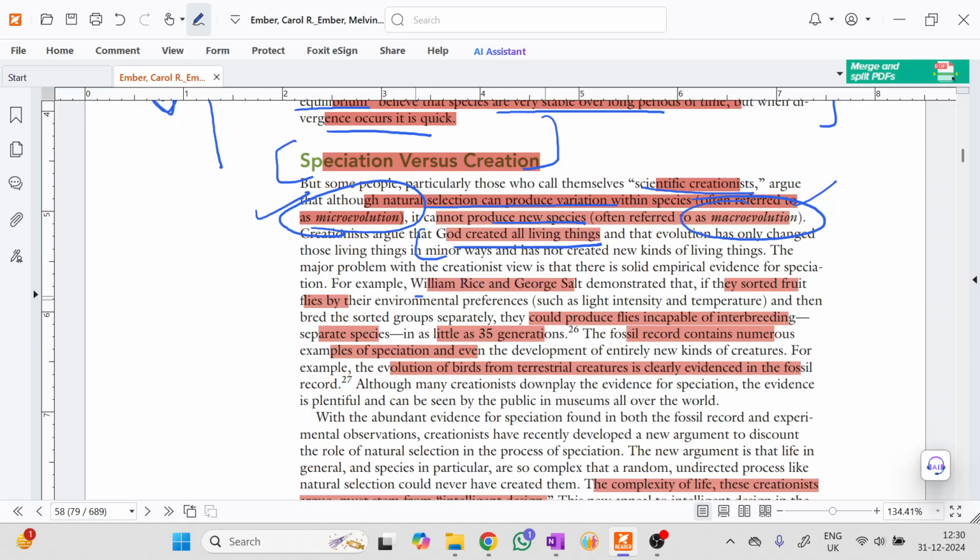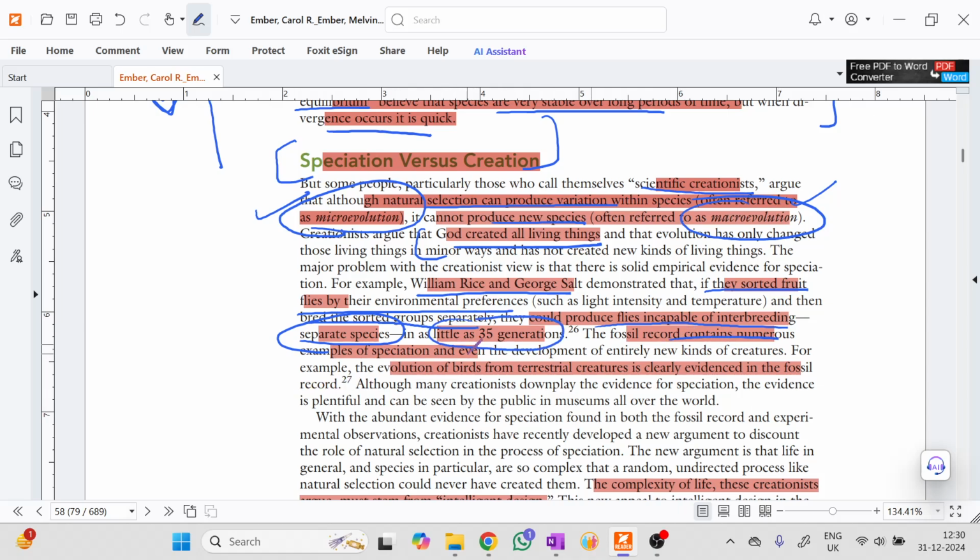An example by William Rice and George Salt: they demonstrated that if they sorted fruit flies by their environmental preferences, and then bred the resultant groups separately, they could produce flies incapable of interbreeding, which means separate species, in as little as 35 generations.